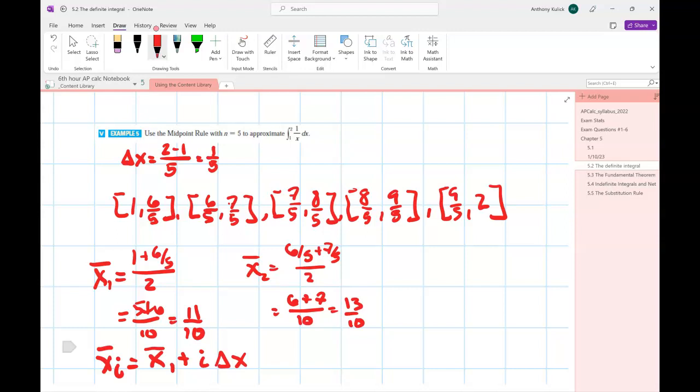So on the ith interval, the midpoint should be the midpoint from the first interval plus whatever delta x is. So what does that mean here? The next ones are going to be 15/10, 17/10, and then 19/10. Because you did 11/10 plus i, like the third interval, times delta x. Yep.